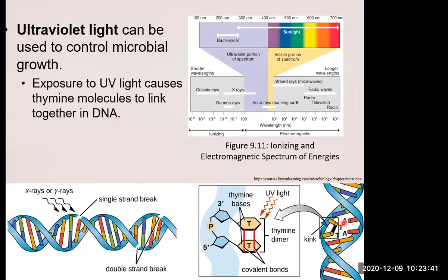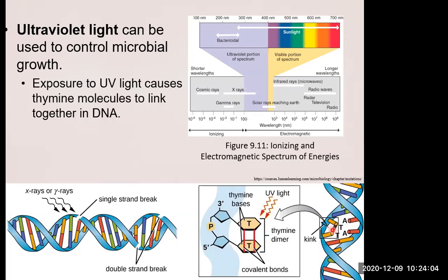Instead of your adenine binding with thymine, A and T together, it can cause two nearby thymines to attach to each other. So now we don't have our two DNA strands bound to each other. We have two thymines in what we call a dimer, di meaning two.